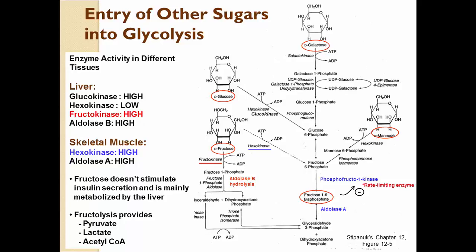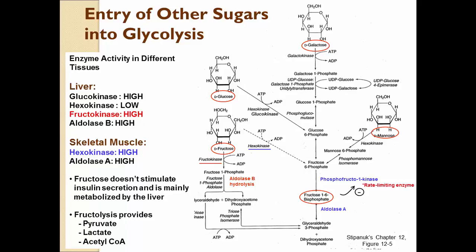So once you generate a lot of fructose 1,6-bisphosphate, it acts in a negative feedback mechanism to inhibit phosphofructokinase 1, slowing down the glycolytic pathway. This is the mechanism for how this reaction is considered the rate-limiting reaction.